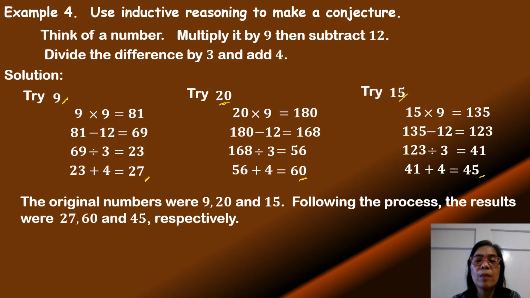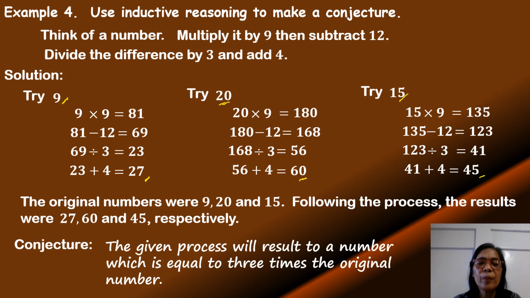So we can now make our observation that the original numbers 9, 20, and 15 following the process give the results of 27, 60, and 45 respectively, where we can now make a generalization that the given process will result to a number which is equal to 3 times the original number.